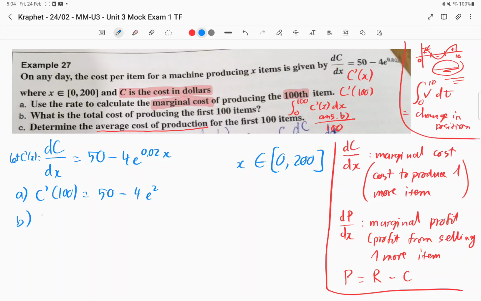And then the total cost would be the antiderivative, so I'll write it as total cost is the antiderivative from item 0 to item 100 of the rate, the marginal cost of producing each item. So C dash of x dx, and that would be the antiderivative from 0 to 100 of 50 minus 4e to the power 0.02x.